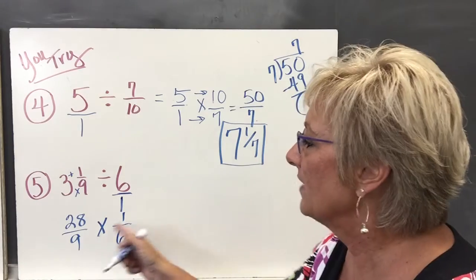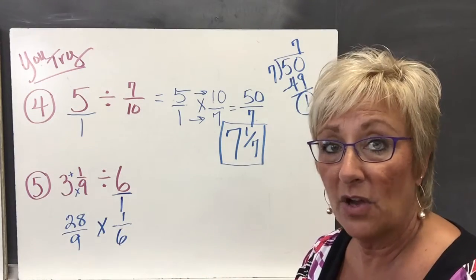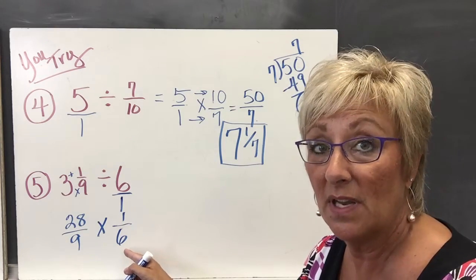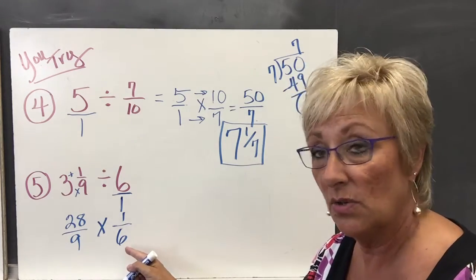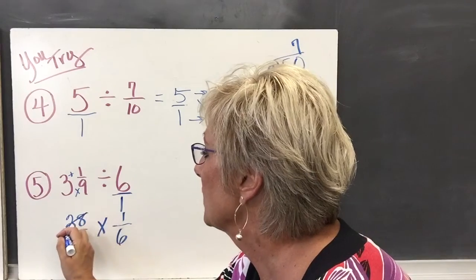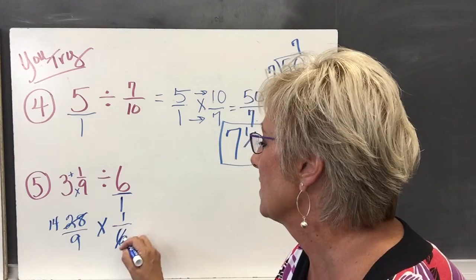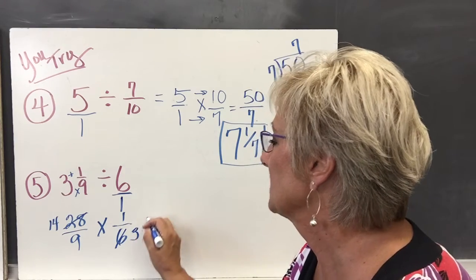Now, I don't have anything that will go in 1 and 9 when I look on the diagonal, but I do know that 28 and 6 just happen to be even numbers. So I know I can take a 2 and put in there. So 2 goes into 28 14 times, and 2 goes into 6 3 times.